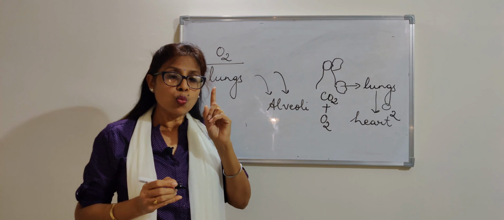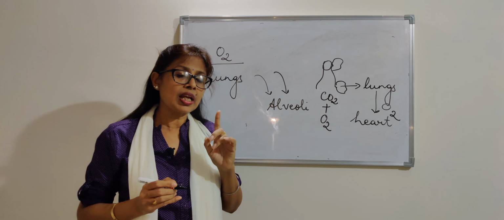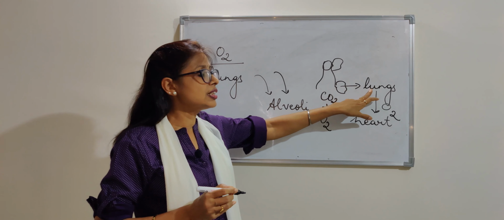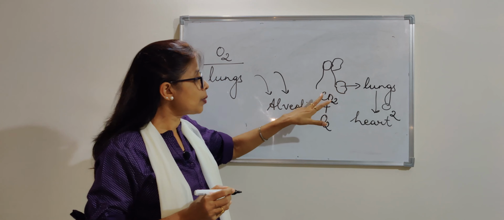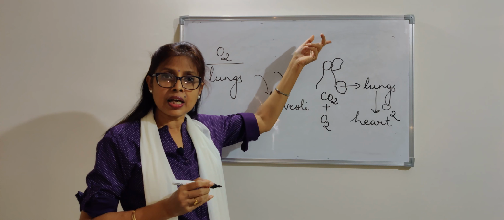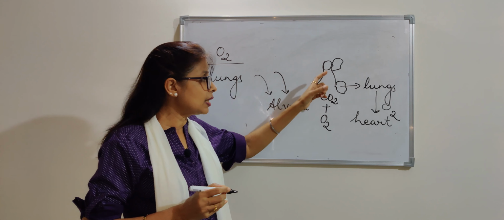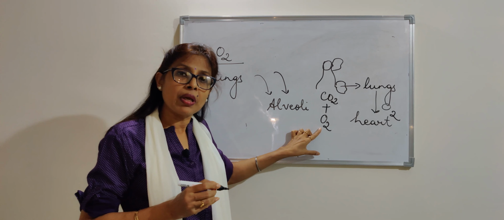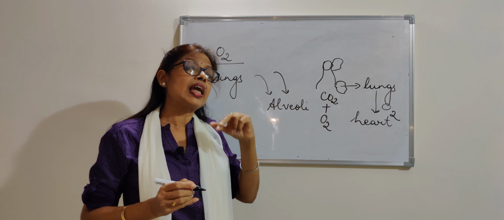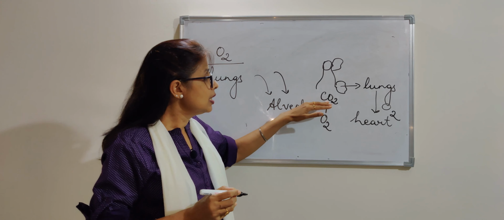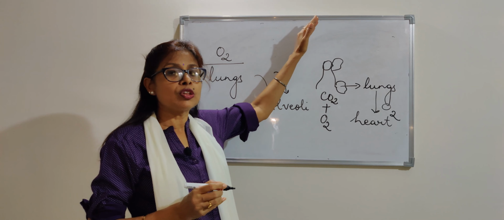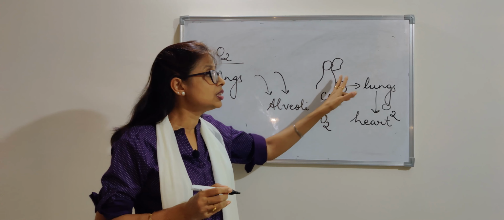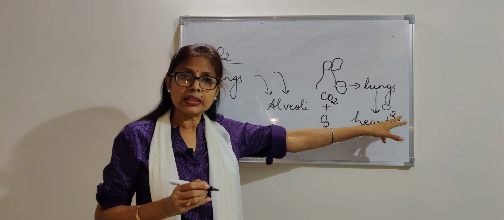That means once air enters, the first lot of oxygen is taken by the lungs and carbon dioxide is exhaled, but some amount of carbon dioxide and oxygen remains. The second time, at the time of breathing, the remaining air will be thrown out, and oxygen will be taken by the lungs.